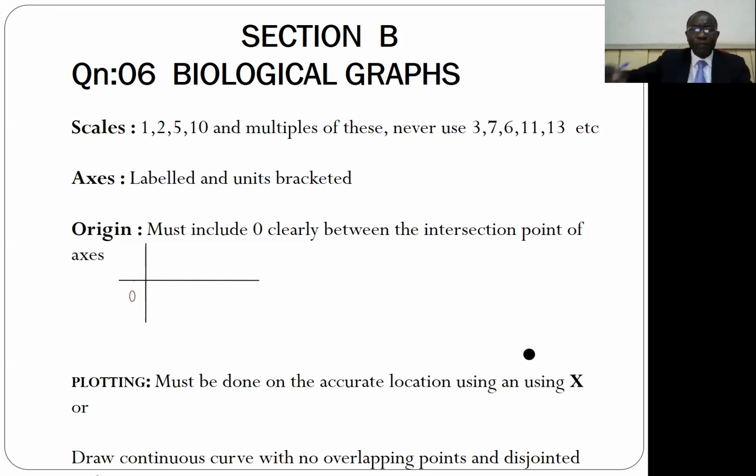I want somebody to be very keen on the marking scheme for the graph alone. There is always A standing for axis.